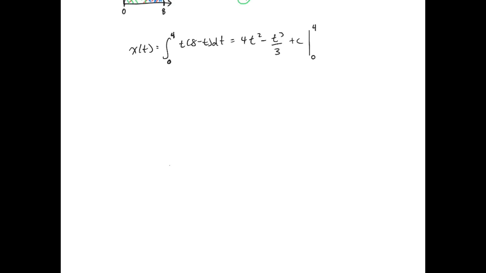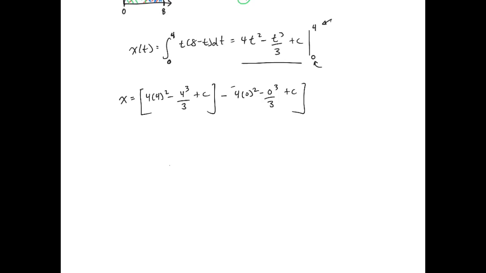So when I actually plug the numbers in, I write out this equation for 2 moments in time: once when time equals 4 and once when time equals 0. So now I have x is equal to 4 times 4 squared minus 4 cubed divided by 3 plus c. Again, c is just some random constant, minus 4 times 0 squared minus 0 cubed over 3 plus c.